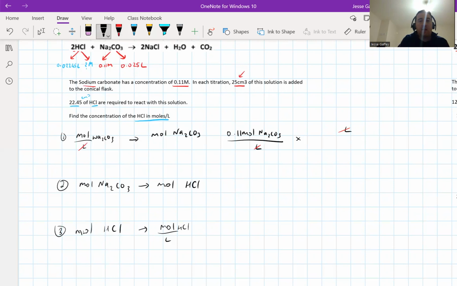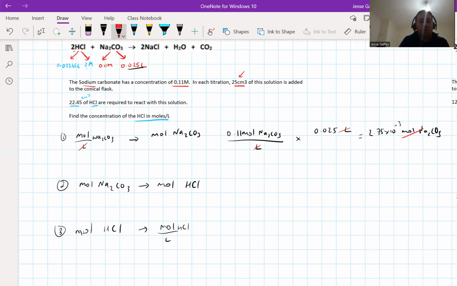And that means we need to put a number of liters in, which of course was 0.025 liters. That'll give us a number of moles. So 0.11 times 0.025 gives me 2.75 by 10 to the minus 3 moles of Na2CO3. That's step 1.